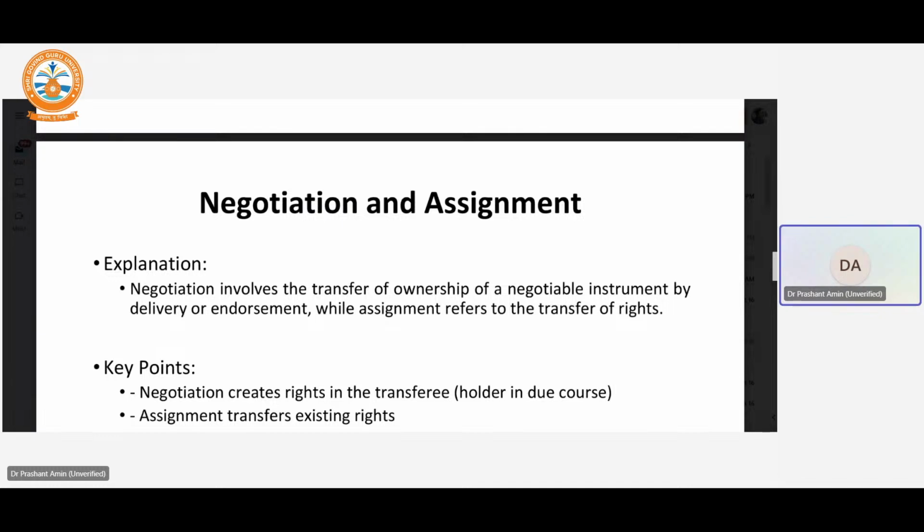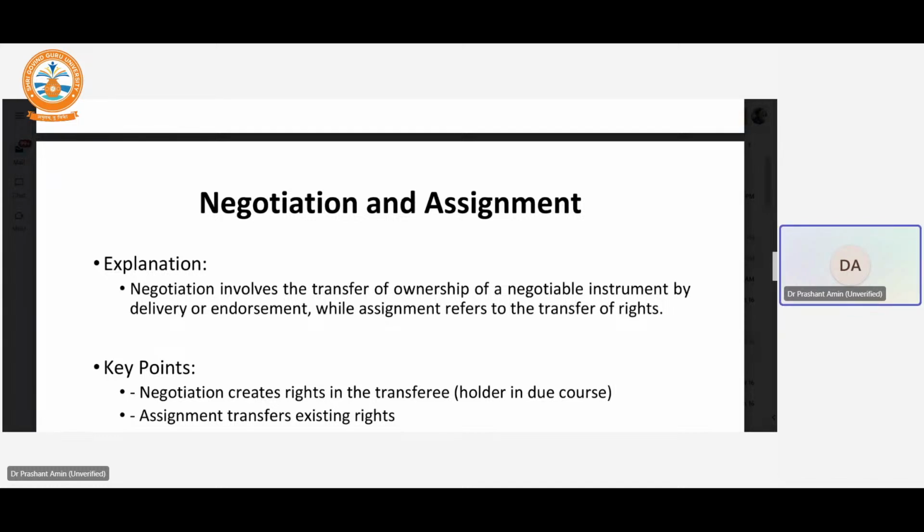Earlier in those days, check bounce was not a criminal offense, but right now under the new amendment, check bounce is a criminal offense. It means that if one party gives a check and the other party does not have the balance, then the party can sue in a court of law: you are not maintaining the balance and you are doing fraud with me and your check is bounced.